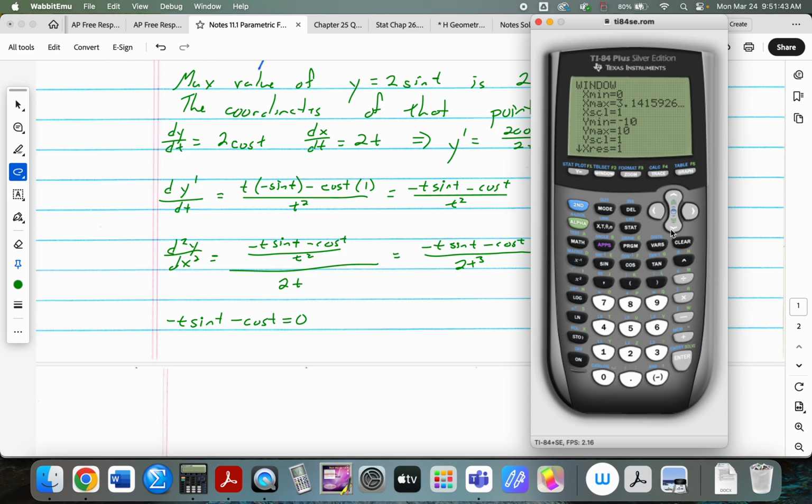And we know that the maximum value on this is going to be 2, so I'll assume that the minimum is negative 2, so I'll go from negative 3 to 3. That was for the original. I don't know what the second derivative is going to be, but I only need to know where this is equal to 0, so let's see what happens.